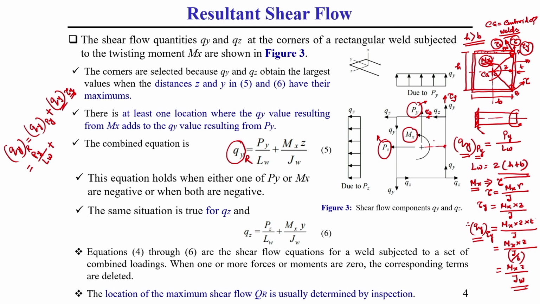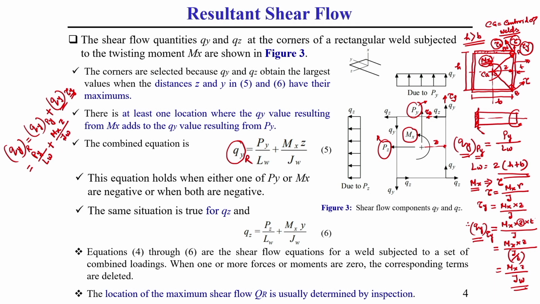Its distance along the z axis is z, that is why I have written it here as z. Okay. So, you can write it as Mx into z divided by Jw.